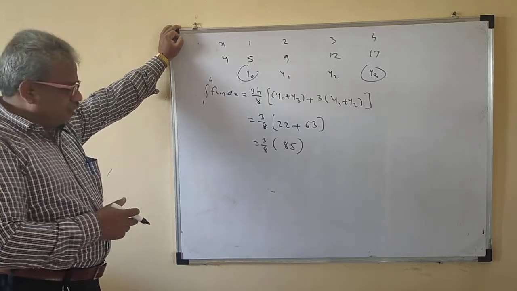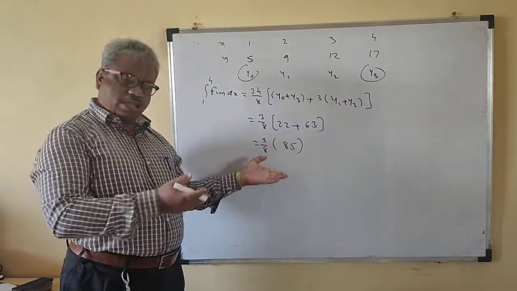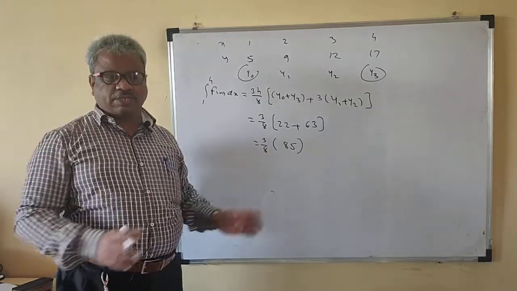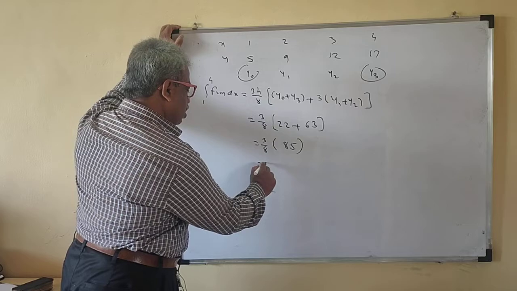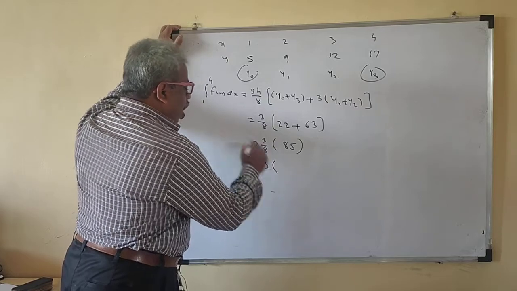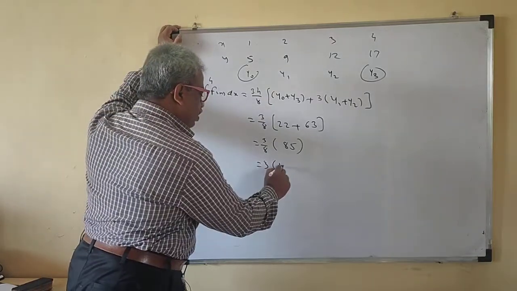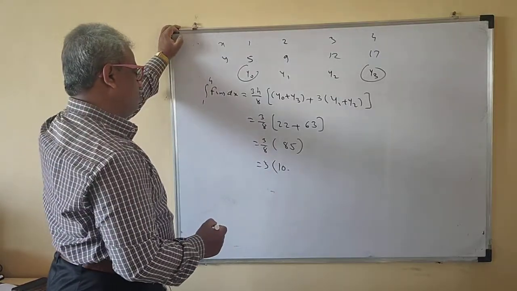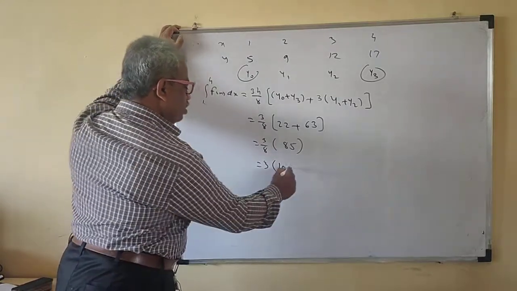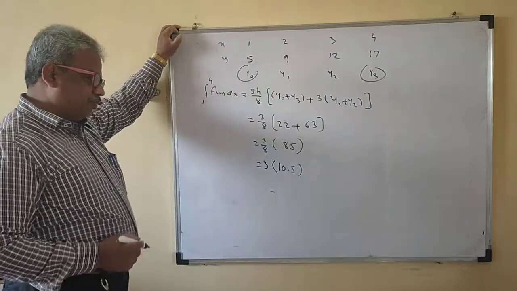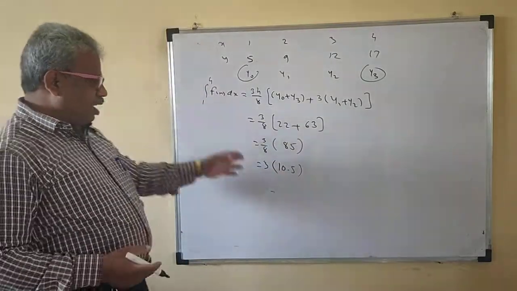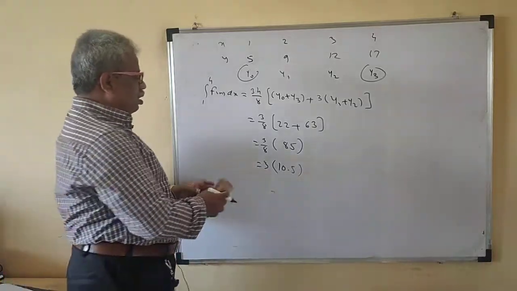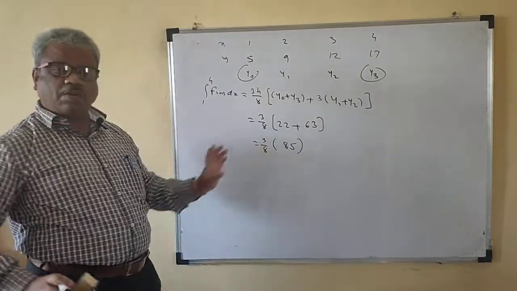The answer is 10 point something, about 10.5. You can do this by first multiplying by 3 and then dividing by 8.